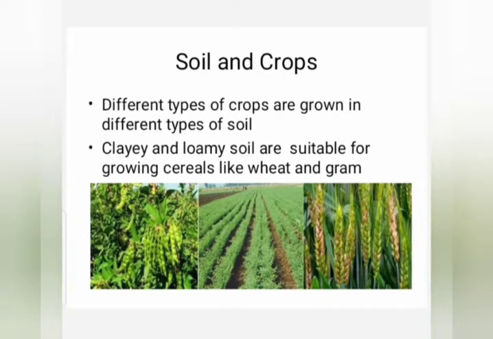Soil and crops. Different types of crops are grown in different types of soil. Clayey and loamy soil are suitable for growing cereals like wheat and gram. Students, observe the figures. Observe the crops.